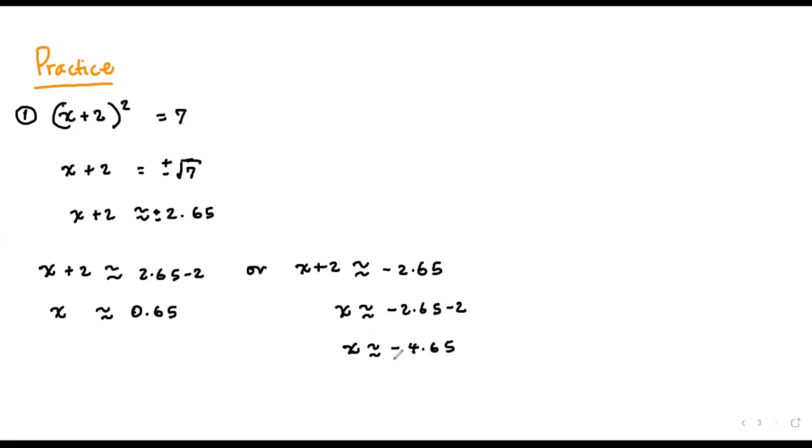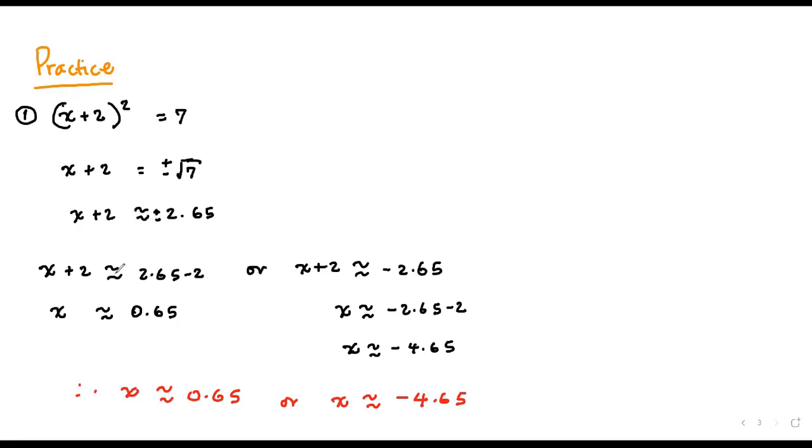So our two answers are that x is approximately equal to 0.65, or x is approximately equal to negative 4.65.